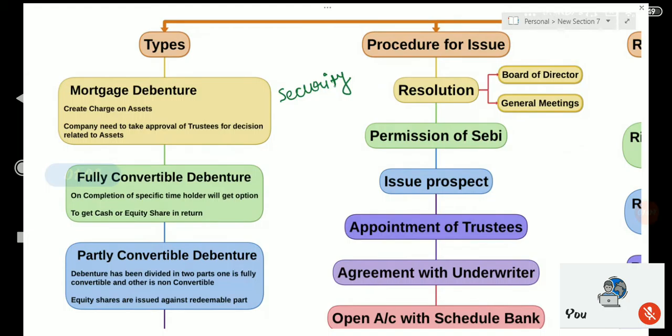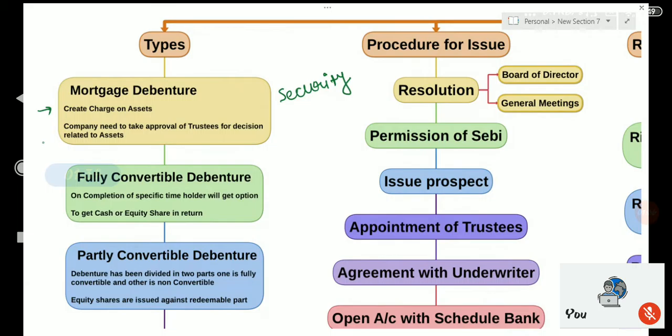Means the company has mortgaged some assets at the time of issue of this debenture. So the company creates a charge on assets whenever the company issues such kind of debenture. If at some point of time the company makes default, the company is unable to pay the amount on this debenture, then at such point of time the debenture holder can sell these assets and recover their amount.